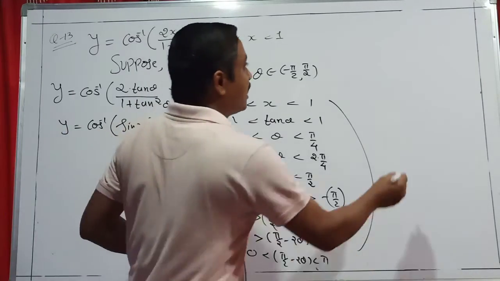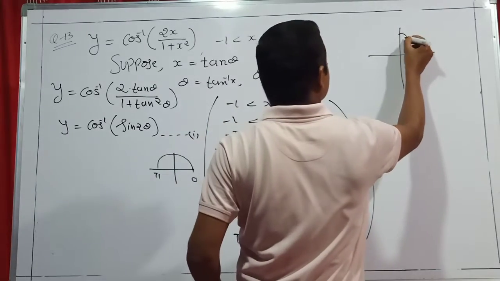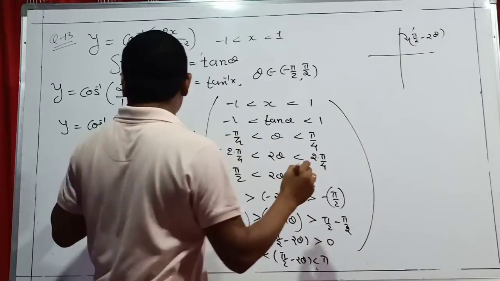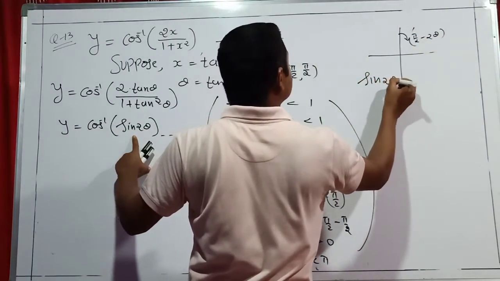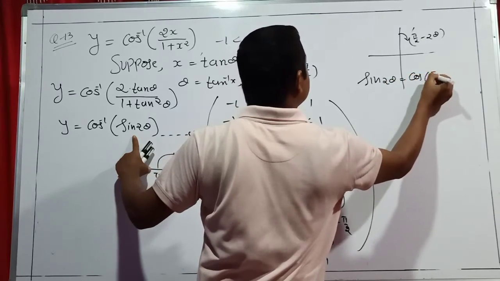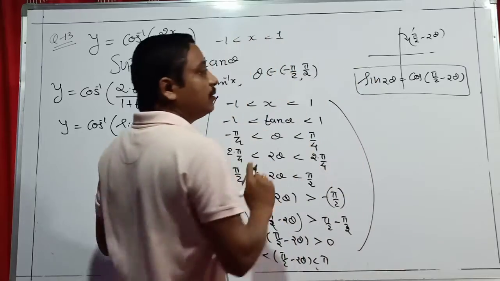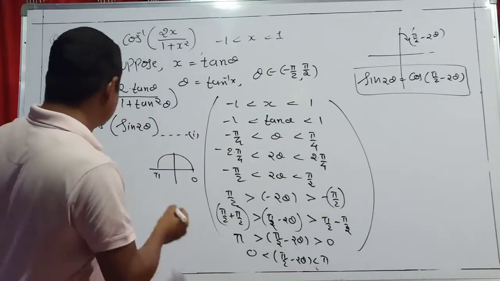But again I check: pi by 2 minus 2 theta is here. For the term sine 2 theta, can I write sine 2 theta is equal to cos of 90 minus 2 theta? Yes, it is necessary to write it, because cos of 90 minus 2 theta is indirectly sine 2 theta. So I finish this numerical now.